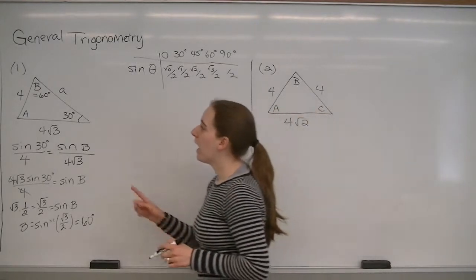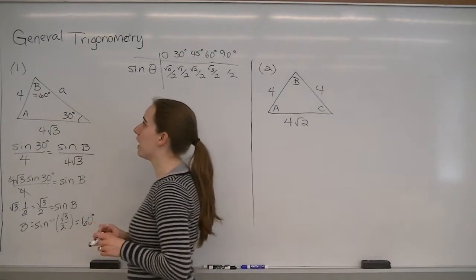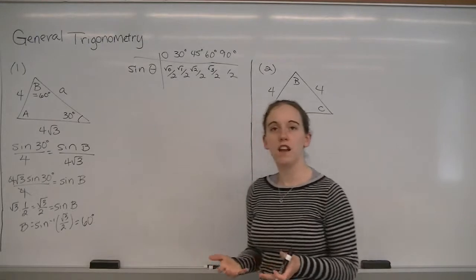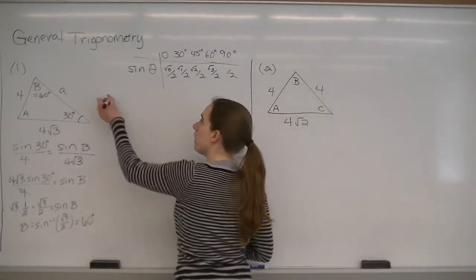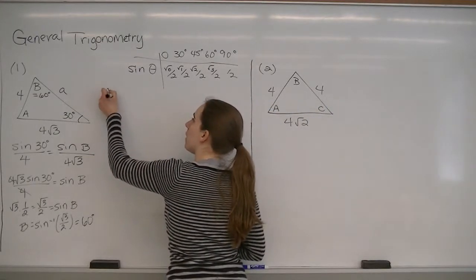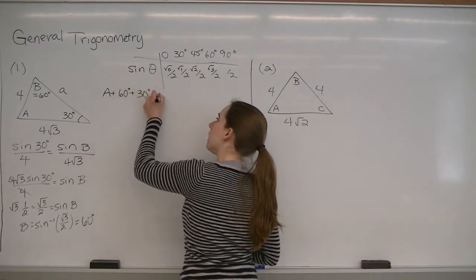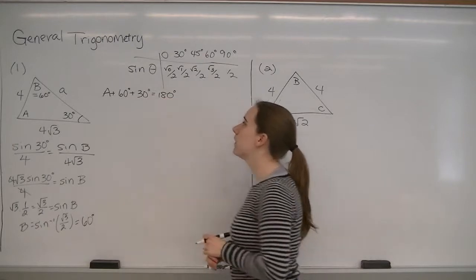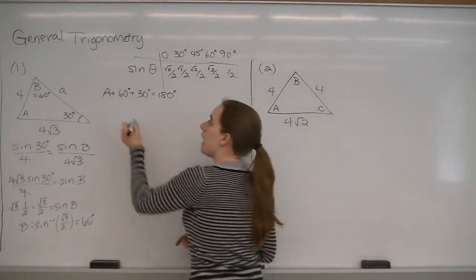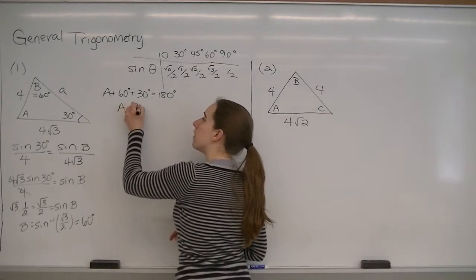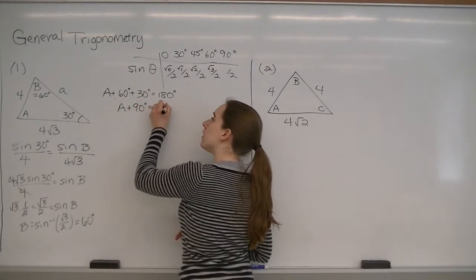So now I have two angles in my triangle. So it shouldn't be hard to find angle A, because A plus 60 plus 30 should be equal to 180. So I get that A plus 90 is equal to 180.